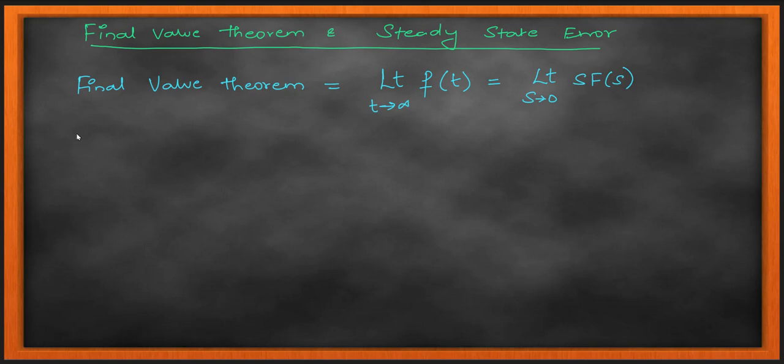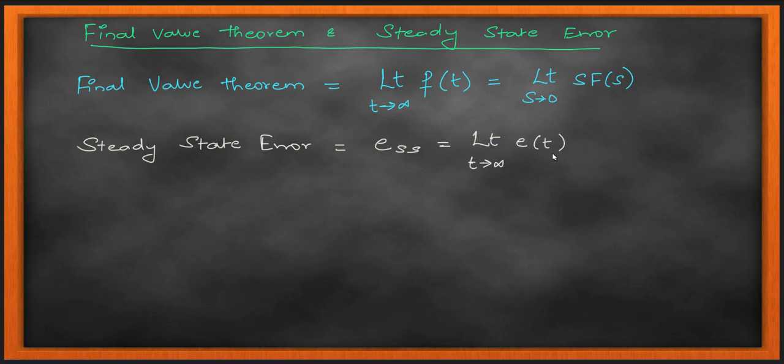Alright, so now before we get into solving problems on steady state error, there are a few things we want to discuss. The first one of which is the final value theorem. The final value theorem states that T tends to infinity on the time axis is equivalent to S tends to 0 on your Laplace transform or the S plane.